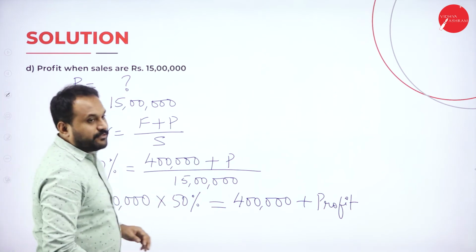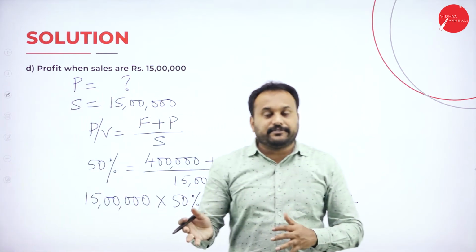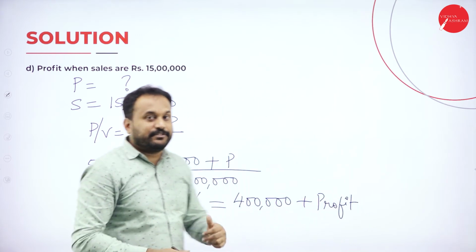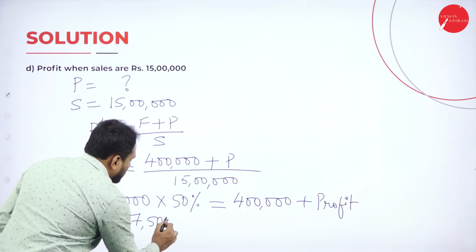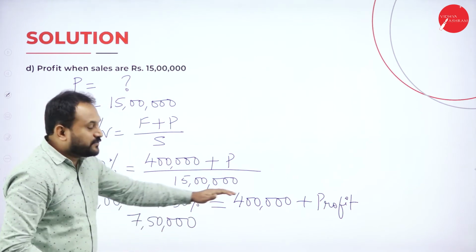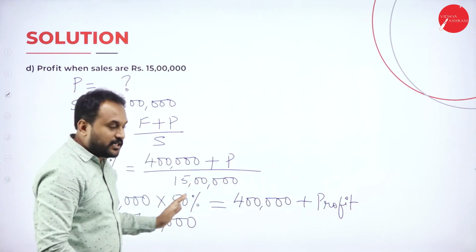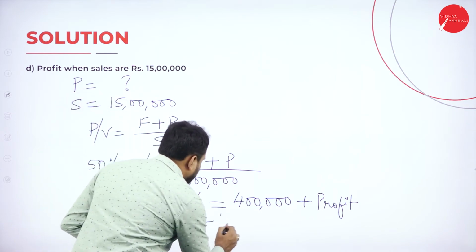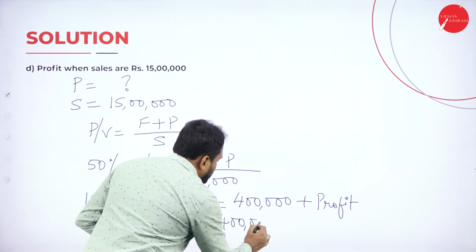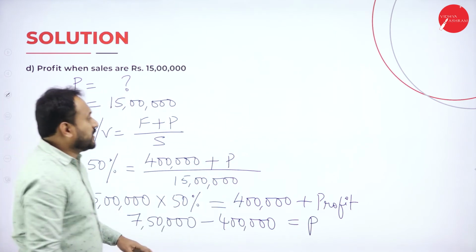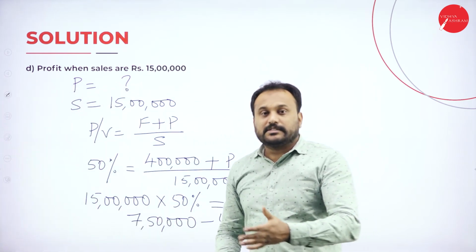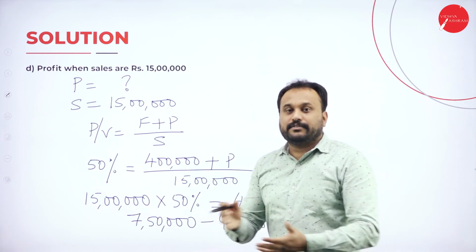So we'll substitute it. 15 lakh into 50%, that means half of it, is how much? That is 7 lakh 50,000. So we'll write here 7 lakh 50,000. Now this 4 lakh which is here will come to the other side, so it is minus 4 lakh, is equal to profit. So what is the profit here? We'll substitute: 7 lakh 50,000 minus 4 lakh is 3 lakh 50,000.